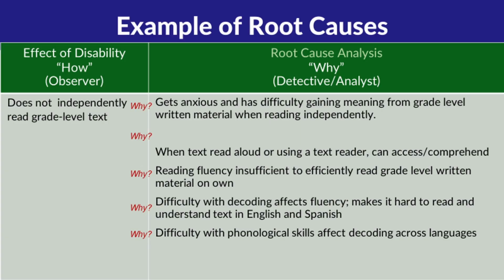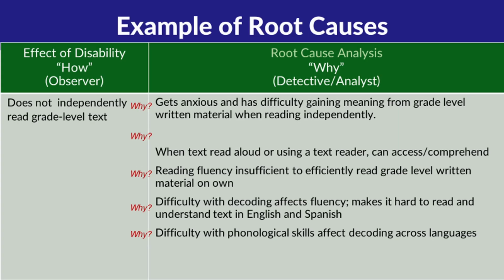To conduct the root cause analysis of this effect, the team starts by asking, why doesn't the student independently read grade level materials? The first response, because the student gets anxious and has difficulty gaining meaning from grade level written material when reading independently. Why does the student have difficulty gaining meaning from grade level material when reading independently? When the text is read aloud or when using a text reader, the student can access and comprehend.